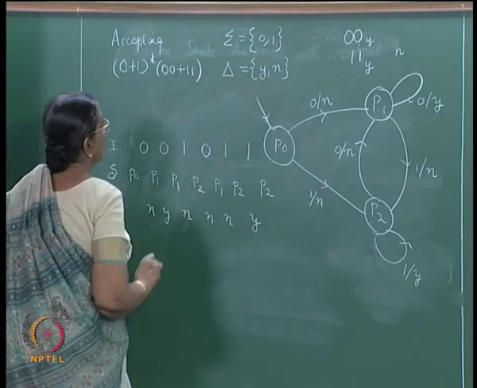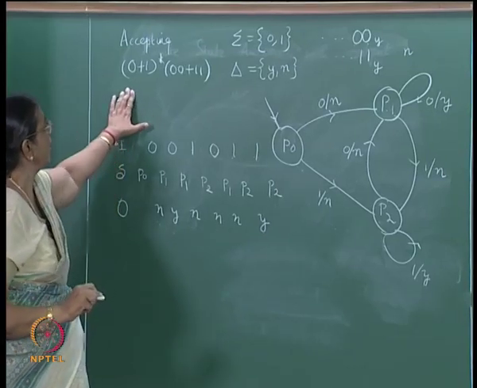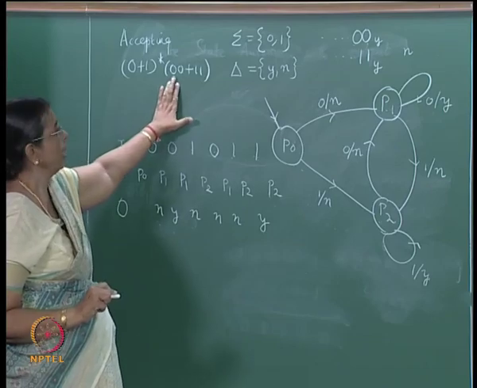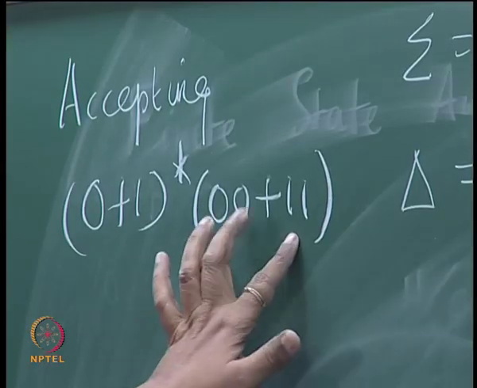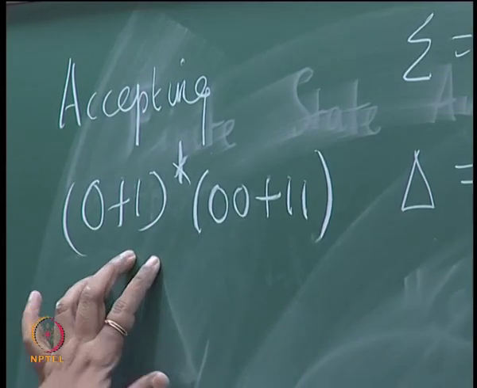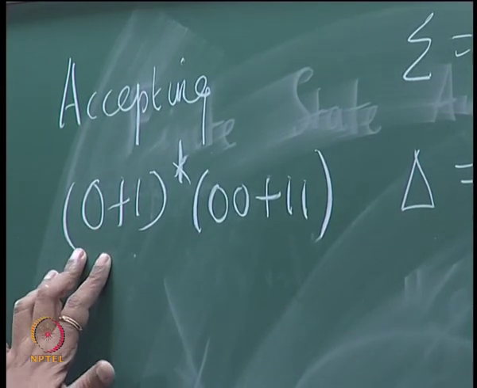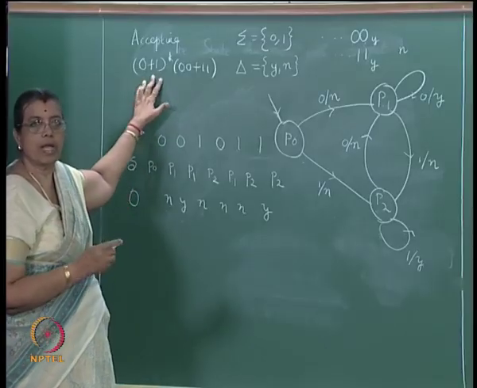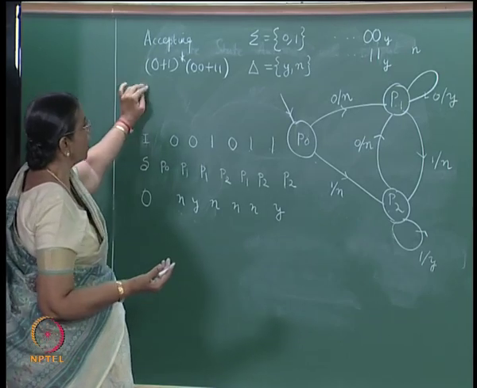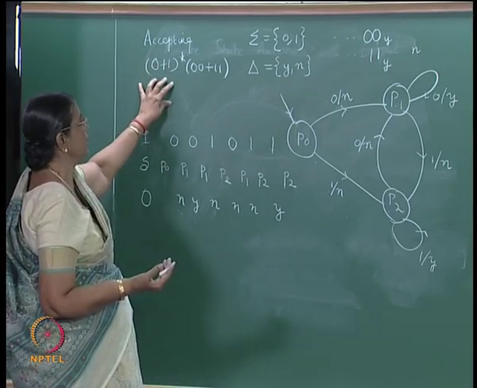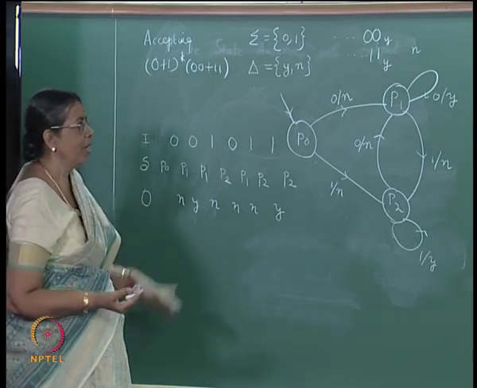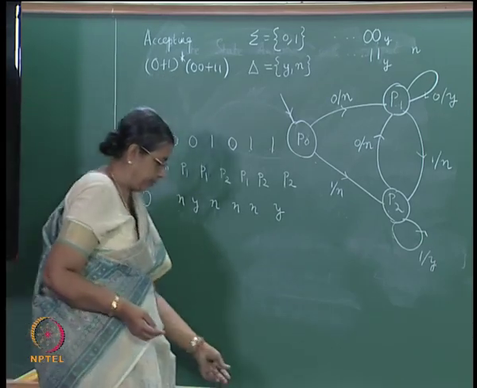That is, this finite state automaton will accept strings if they end with 2 zeros or with 2 ones. Initially you can have any string. So, this is the regular expression for a set of strings which end with either 2 zeros or 2 ones. Suppose I take this and construct the finite state automaton as an acceptor, what diagram will I get?